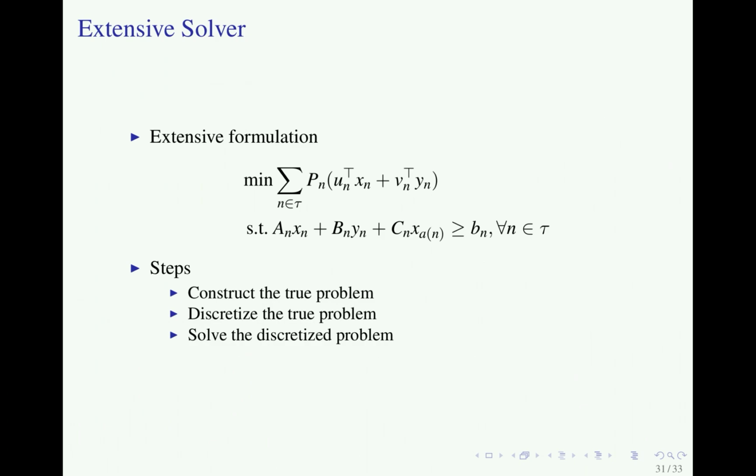Now, for the extensive solver, the steps of using that are pretty straightforward. Again, we construct the true problem, discretize the true problem, and solve the discretized problem. So there is no step 4, no evaluation step here, because the extensive solver only solves the problem for a certain scenario tree.